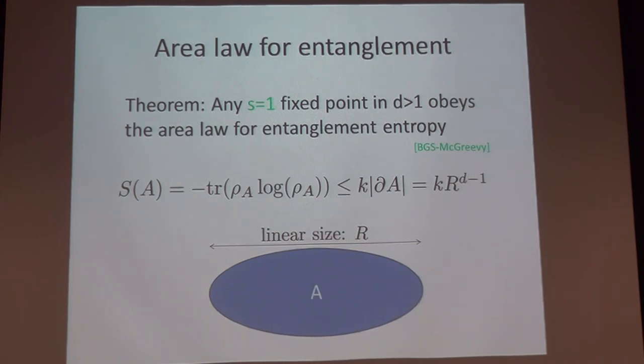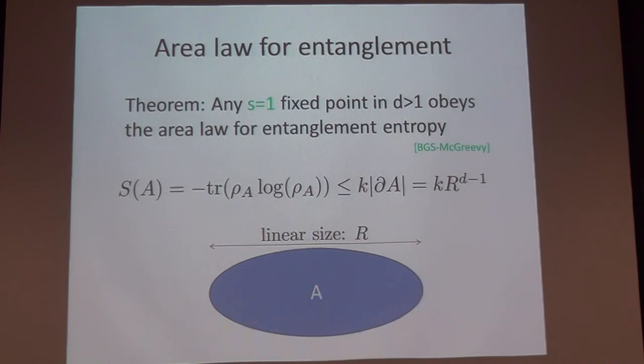How about Fermi liquids? Well, a Fermi liquid does not obey the area law, so it's not S equal to 1. In 2 dimensions it's S equal to 2, and in 3 dimensions S equal to 4.